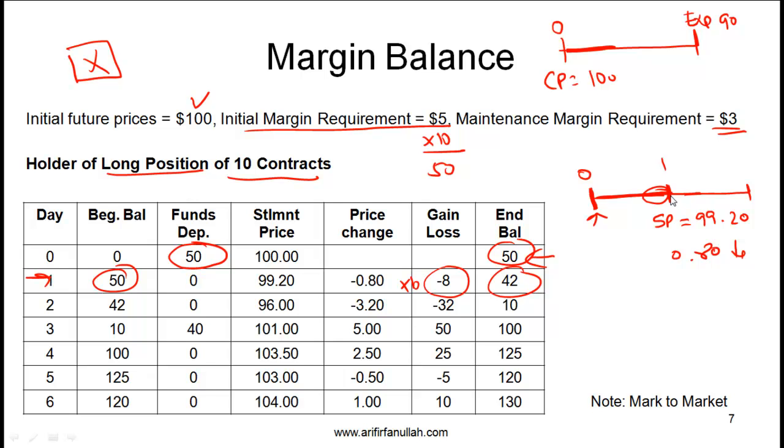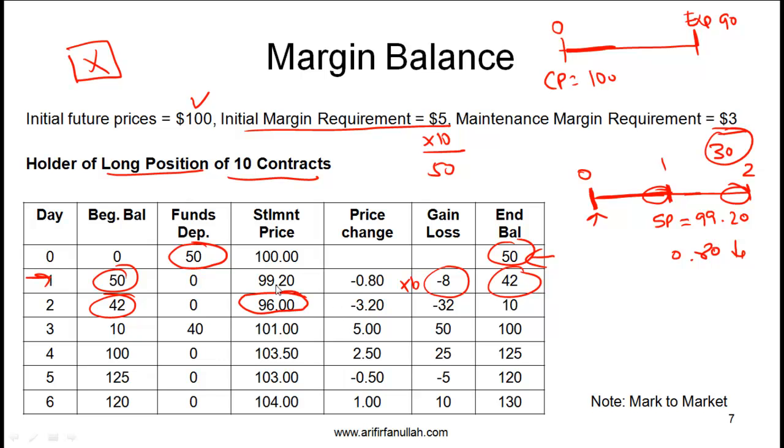You are still above the maintenance margin of $3 per contract. For your position on 10 contracts, you can think of your maintenance requirement as being $30. You are still above $30, so you don't need to deposit any funds. Let's say that on day 2 the price goes down further. Based on the last few trades on day 2, let's say the settlement price is 96.